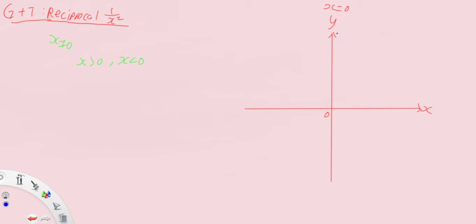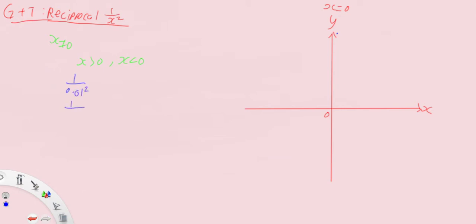Then as x gets larger towards positive infinity, it's a very big number, because when you square a big number, you get an even larger number. Then when you take 1 divided by this very large number, it's very small. On one hand, 1 over a very small number gives a very big number.